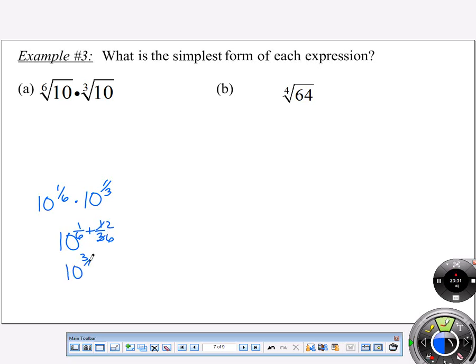So I would get 10 to the 3/6, which is the same thing as 10 to the 1/2. Okay? So I want to call this my answer. It's a square root. I can't write it with any index smaller, so I don't have to worry about that special kind of simplifying that we talked about a little bit earlier. This would be good. Okay?